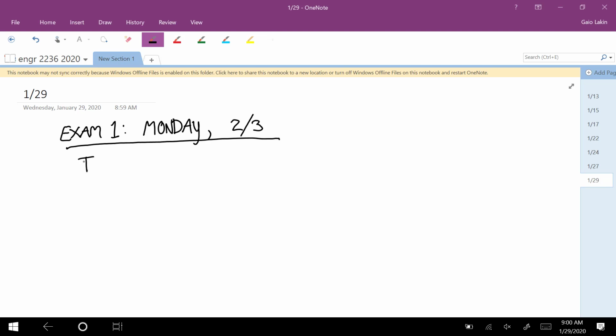And the topics are everything covered in problems up through particle kinematics number 10.